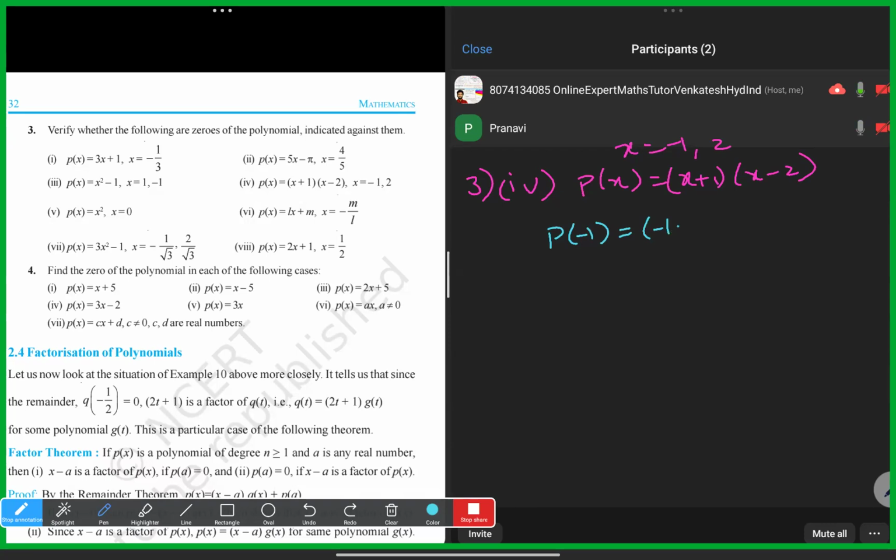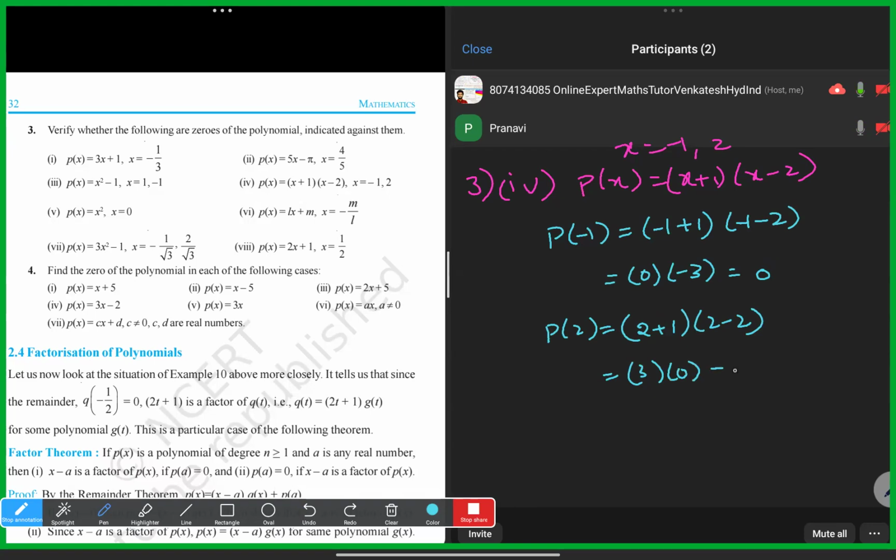P of minus 1 means minus 1 plus 1 into minus 1 minus 2. So minus 1 plus 1 is 0, so the answer is 0. Then p of 2: 2 plus 1 into 2 minus 2. So actually both of them are zeros.